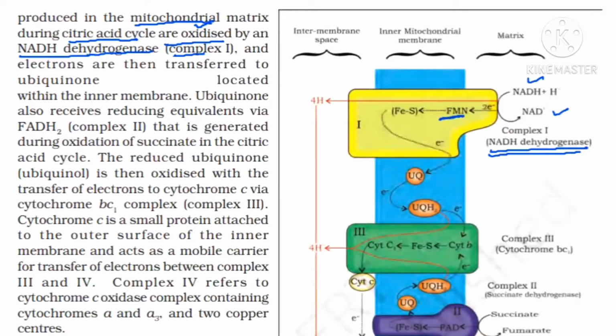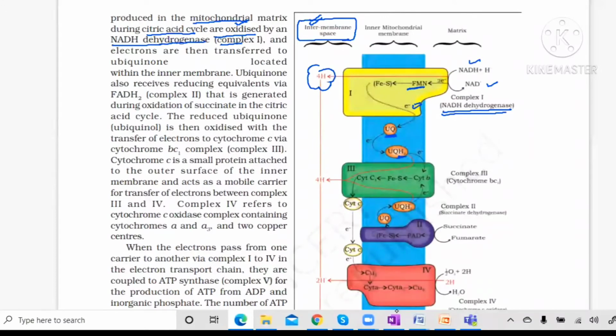And it is accumulating protons in the intermembrane space. Please focus, beta. It is accumulating protons in the intermembrane space and passing the electron to ubiquinone, and ubiquinone is then becoming ubiquinol. Up till here the concept is clear. You can check the arrow pointing this way.